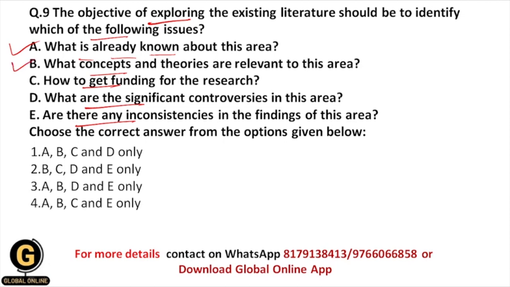Then we should know what the significant controversies in this area are. For that again we review the existing literature, and we need to know whether there are any inconsistencies, meaning any gaps in the findings of this area or not. That's why your correct answer here should be 3, that is A, B, D and E only.